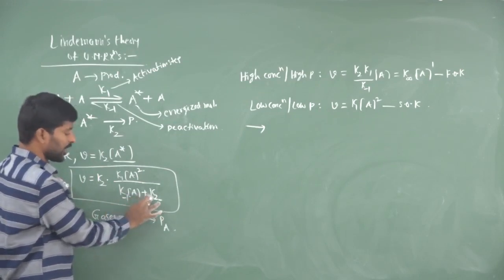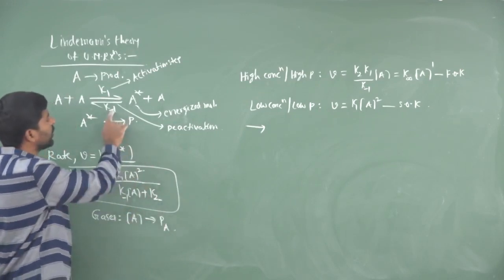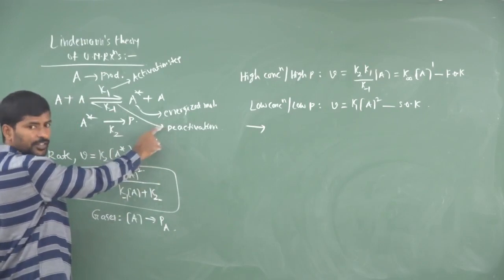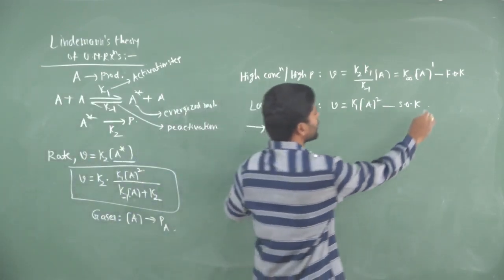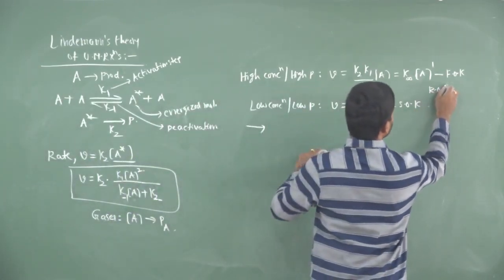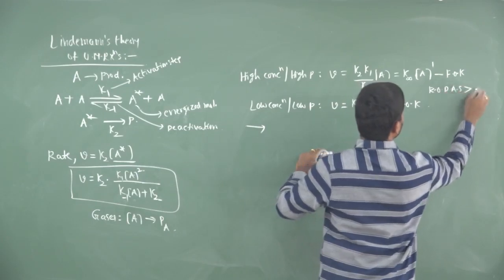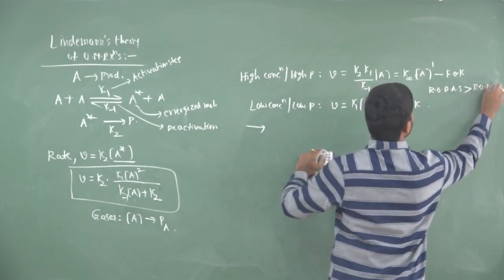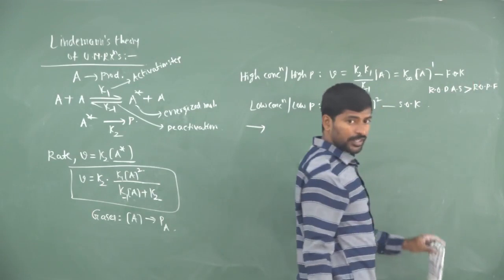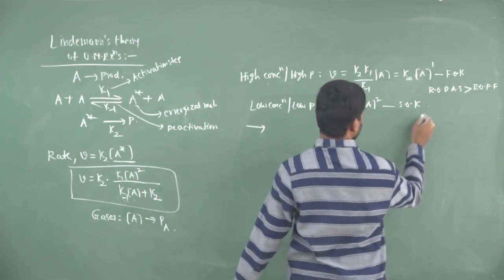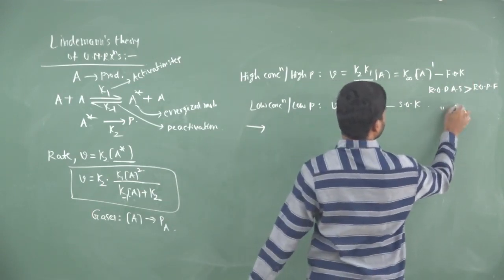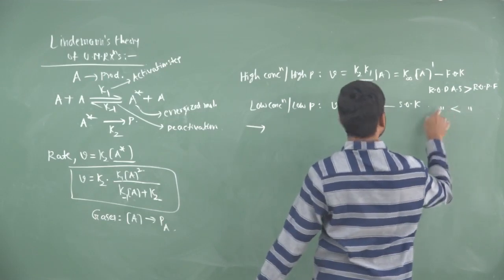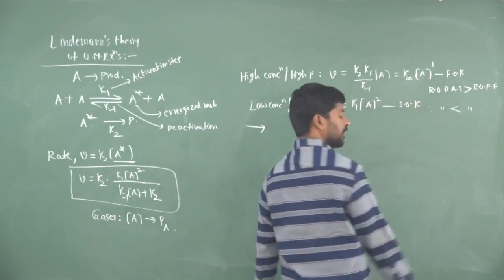K-1 into A means the deactivation step. If the rate of deactivation step dominates over the rate of product formation, then it follows first order kinetics. If the rate of deactivation step is less than the rate of product formation, then it follows second order kinetics.